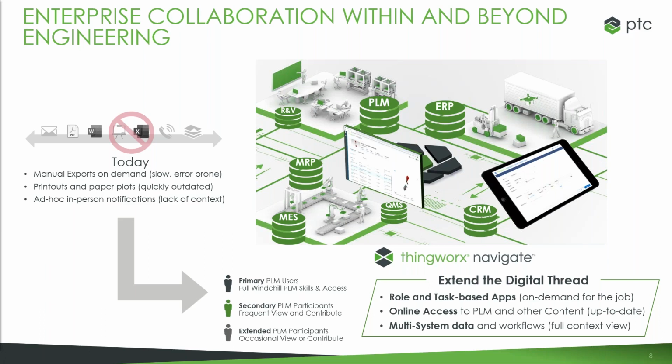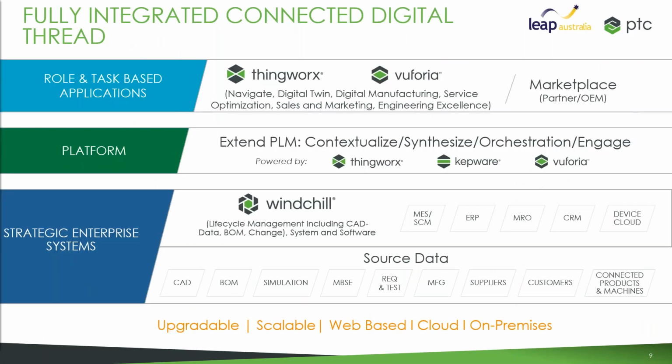Okay, so I showed this slide in our first webinar. We're talking about the PLM and the digital thread. Windchill is really down at this lower level, these strategic enterprise systems. So PLM fits into this, along with things like your ERP and CRM systems, where they're really the repositories of information.